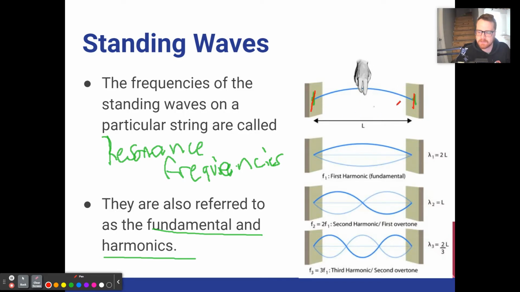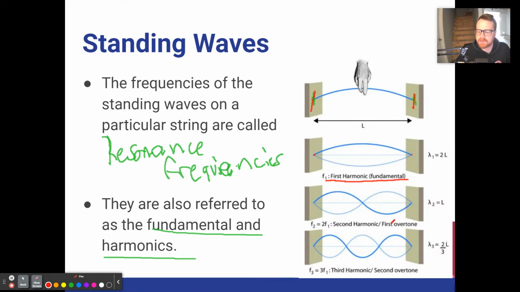Okay, this whole thing is L. So when we only have one antinode, but we have two nodes, a node here, a node here, and a single antinode, we call this the first harmonic, or the fundamental.